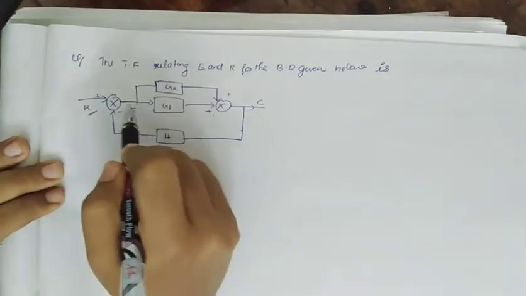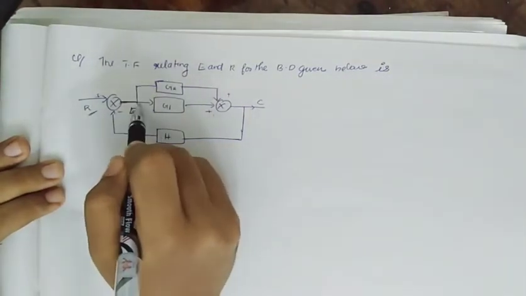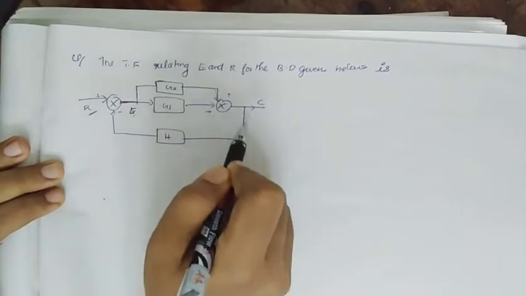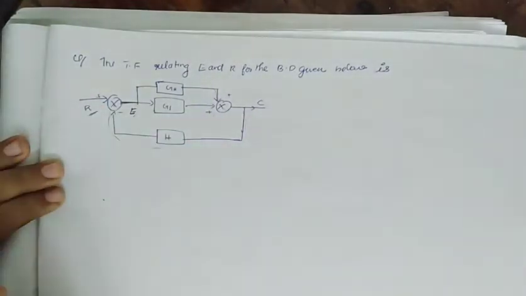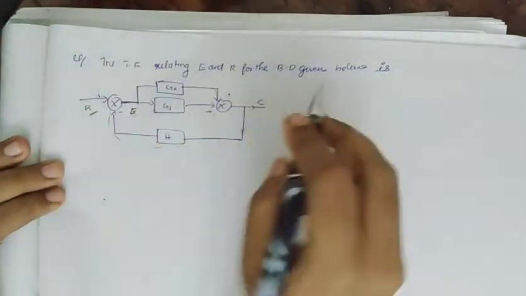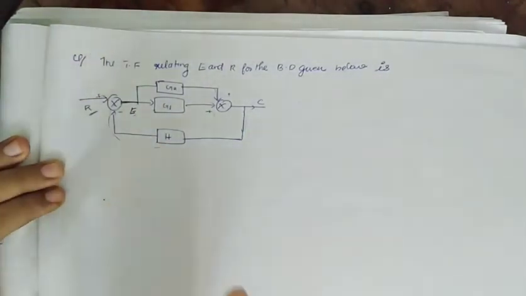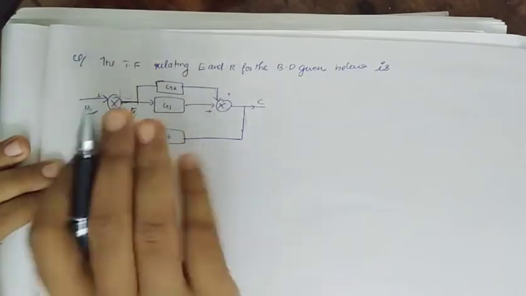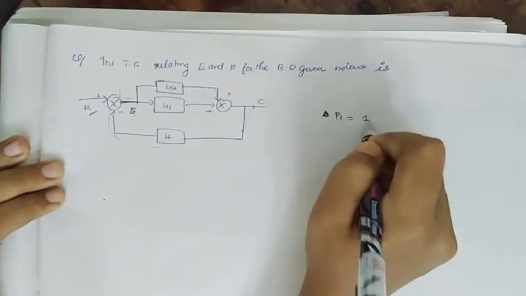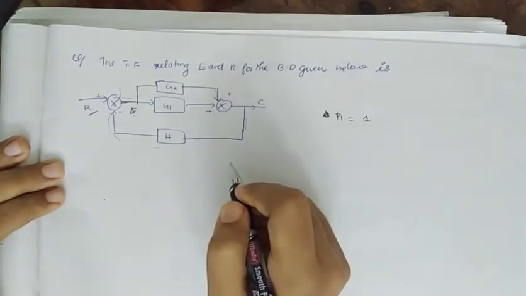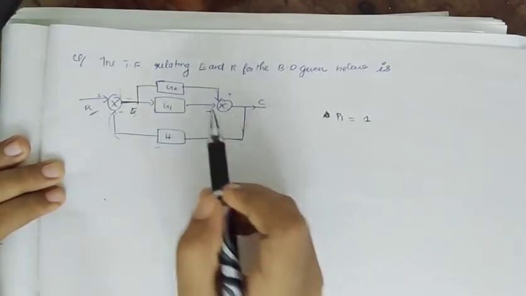How many forward paths are there? One forward path, right? We are not taking these paths because they are in the backward direction. So only one forward path is there. What is the gain on that path? No gain is there, that is equal to 1. So P1 is equal to 1, okay? And we will see how many loops are here.